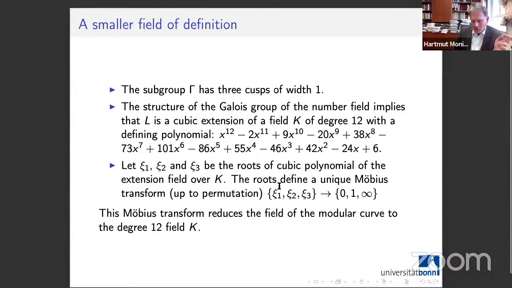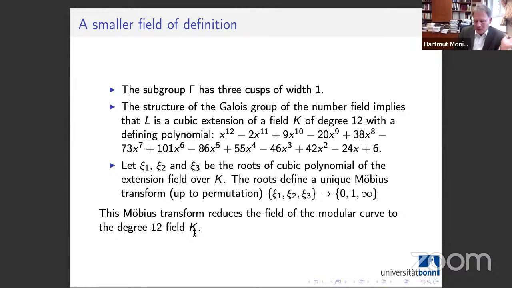Now, if you take that Möbius transformation and apply it to the variable of your Belyi map, Z, then this Möbius transformation reduces the field of the modular curve to a degree 12 field K. So one can reduce this to the smallest possible field.